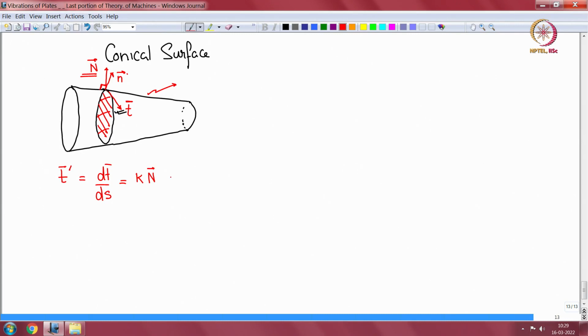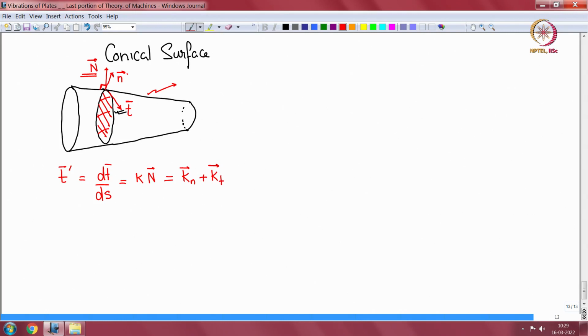Okay, so that is equal to, now we find its components in terms of the surface properties, which is curvature in the normal direction plus curvature in the tangential direction.